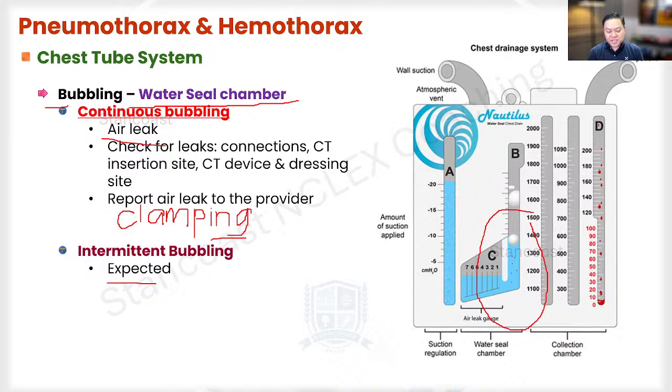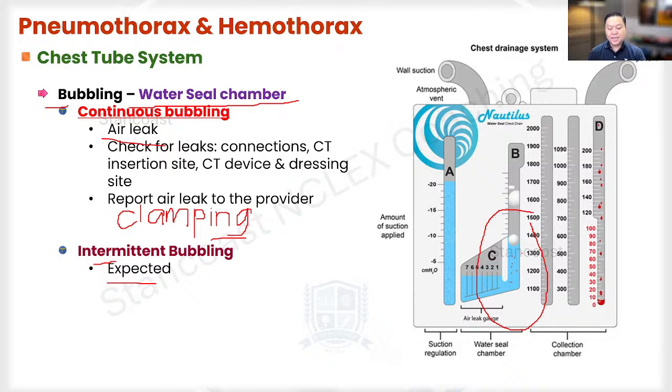And so when you see the bubbling showing up in this chamber, that is normal. And if you're going to tell them, hey, I want you to do some coughing right now, when you see the bubbles showing up in this chamber, that is normal. Okay, so that simply means that they are able to expel the air coming from the pleural space. Again, this is intermittent bubbling, guys, not continuous.